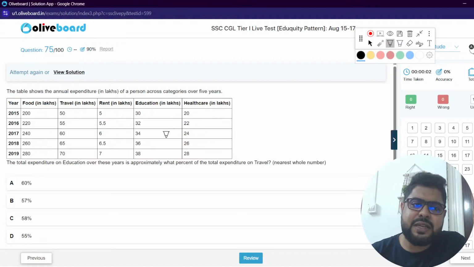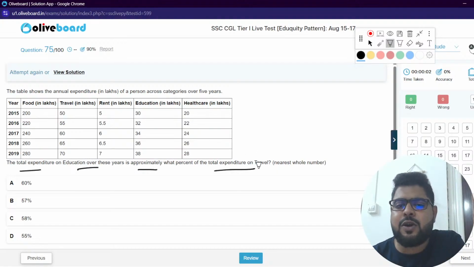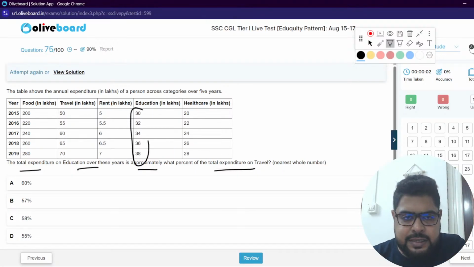Next one, sir. Acha. Annual expenditure in lakhs. Chalo. Total expenditure on education is approximately what percent of the total on travel? Total education, that is this. So 32, 38, that is, sir, 70. 70, 70, 140, answer 170.